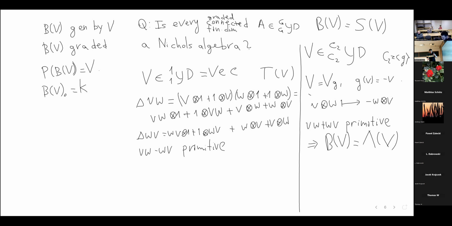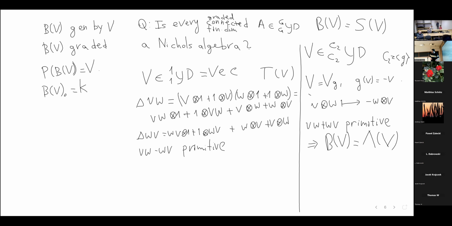So in general, that's the point, it really is very tempting to say that probably I divide out by VW minus c of V tensor W, but no, in general, it's going to be much more difficult.